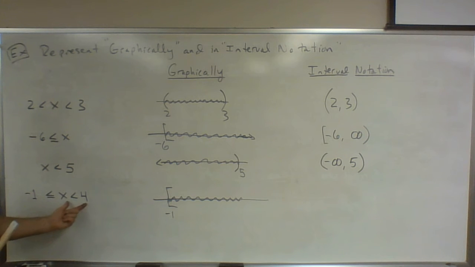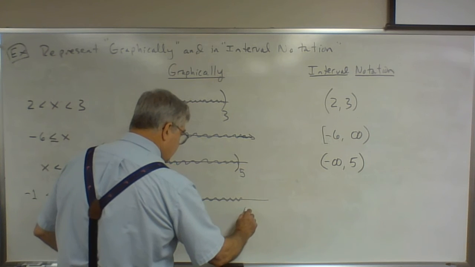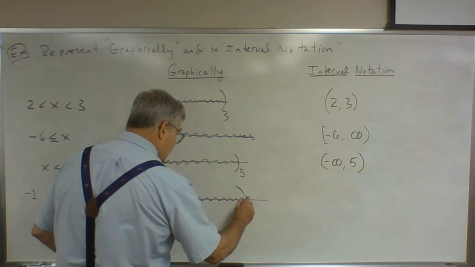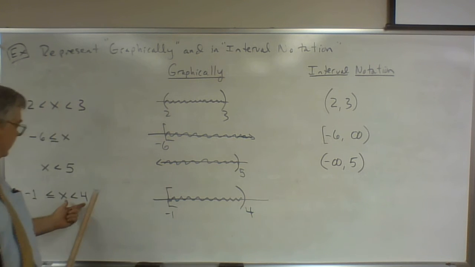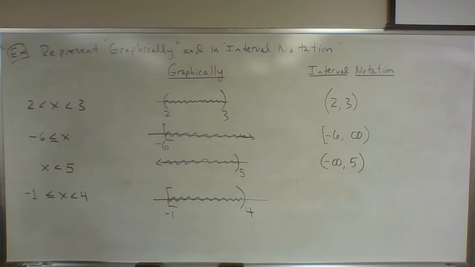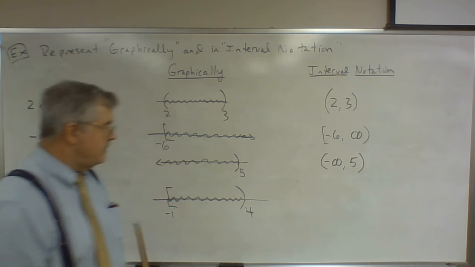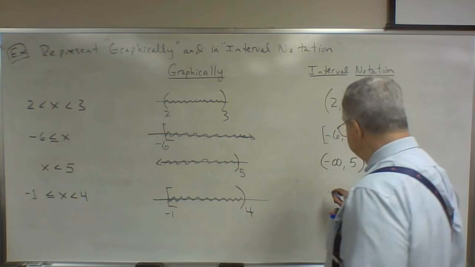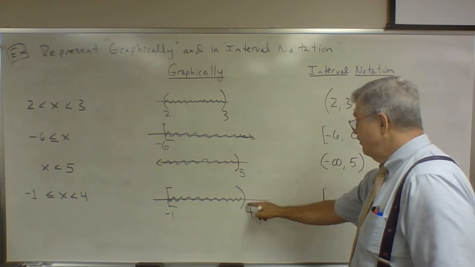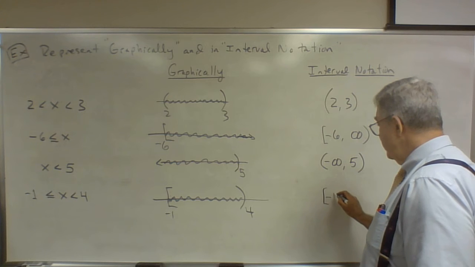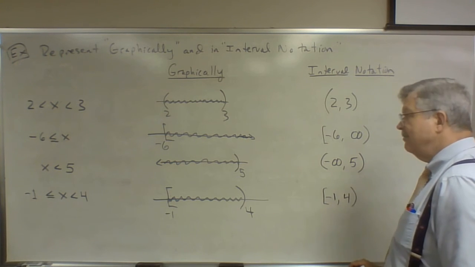Also, x has to be less than 4. So here's 4. And we put a round brace here to show that x can't equal 4. 4 is not part of the solution set. And our interval solution mimics the graph. Negative 1, square brace, 4, round brace.